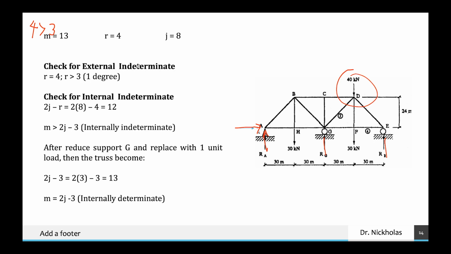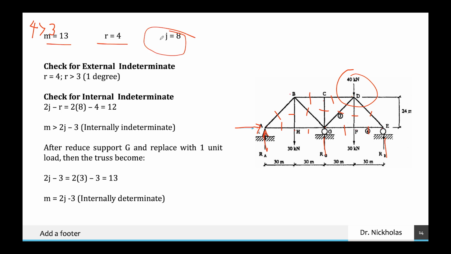We also need to check whether this structure is internally determinate or not. From here, we have the total number of members: 1 to 13, so we have 13 members, 4 reaction forces, and 8 joints.